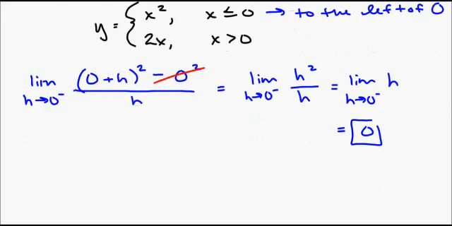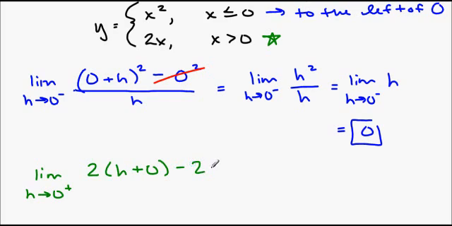Now let's work on the right-hand derivative. So I want the limit of h approaching 0 from the right, and I'm going to use the bottom function this time because this is x greater than 0, to the right of 0. So I have the limit of h approaching 0 from the right of 2 times h plus 0 minus 2 times 0 over h.